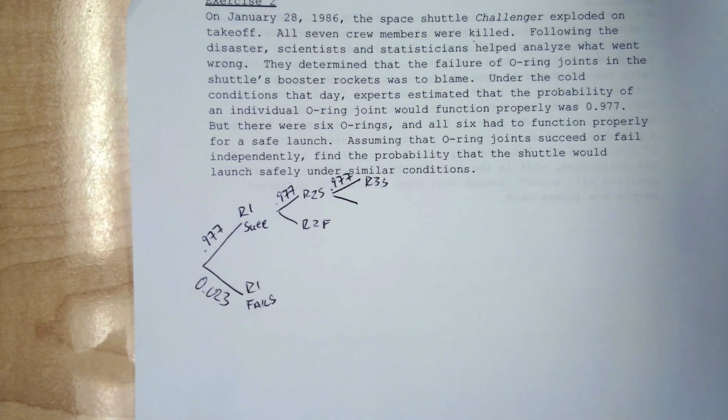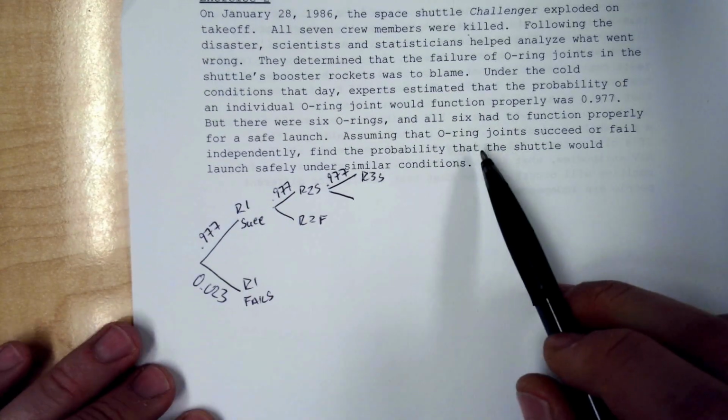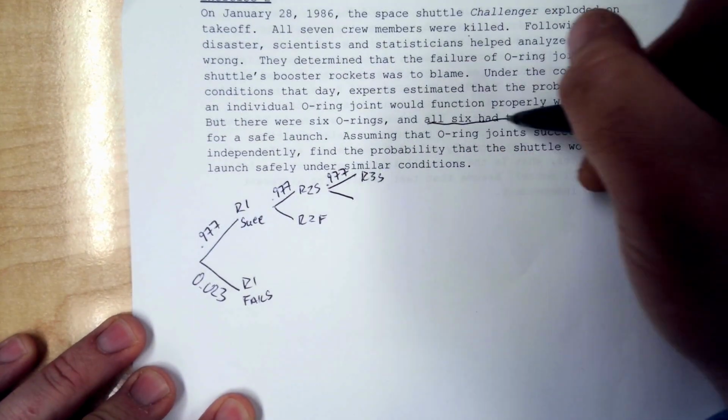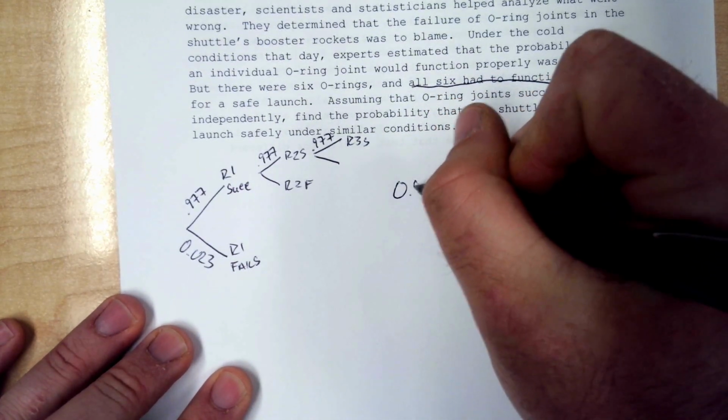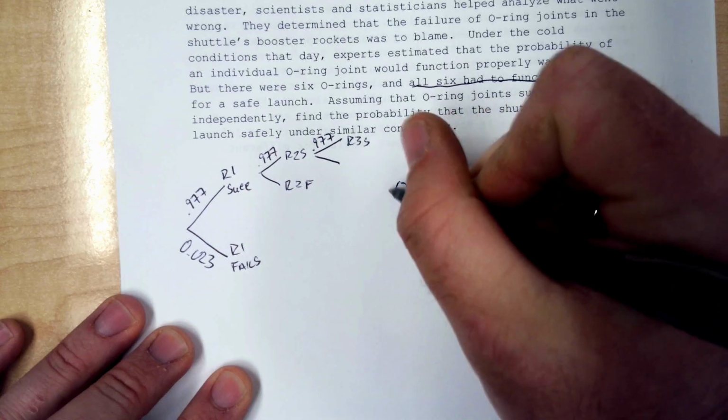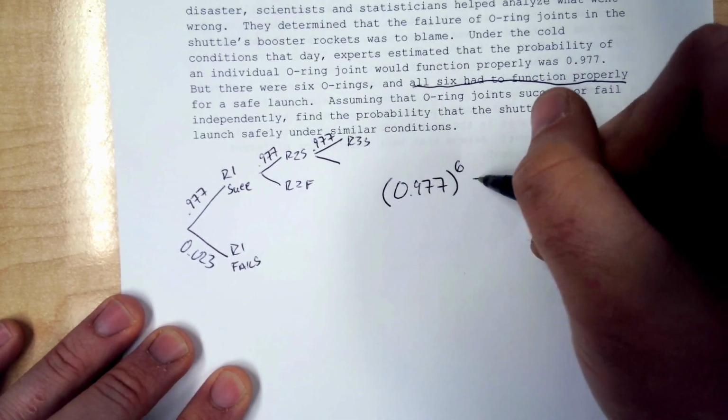Now, that might take up a lot of space, and we're just looking at what happens when all 6 function properly. So that would be 0.977 times itself 6 times.